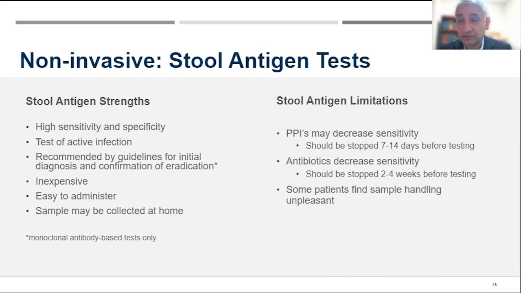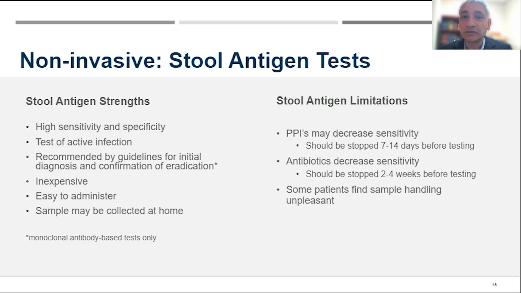It is positive when actual bacteria is present. It is, like the urea breath test, endorsed by guidelines from the American College of Gastroenterology and other gastroenterology professional societies. It is inexpensive. It is easy to produce and deliver the sample to the lab, and the sample may be collected at home.